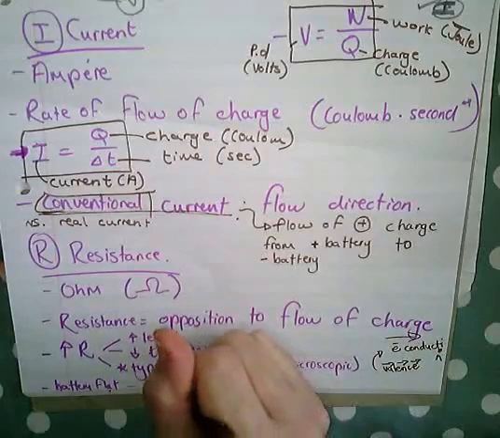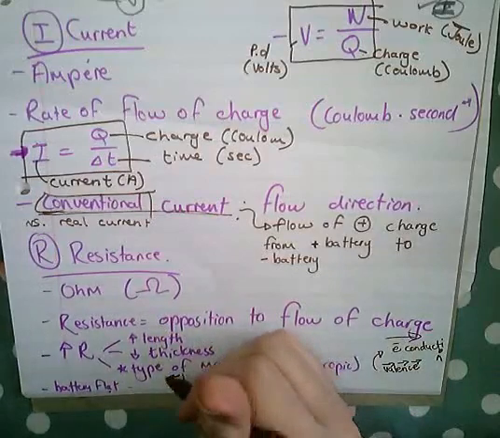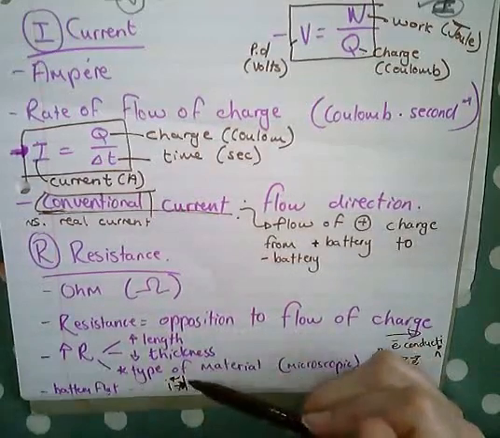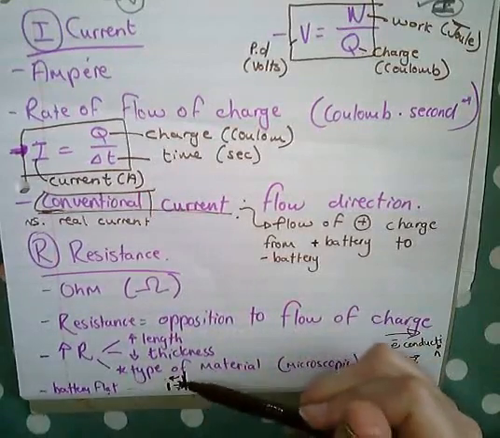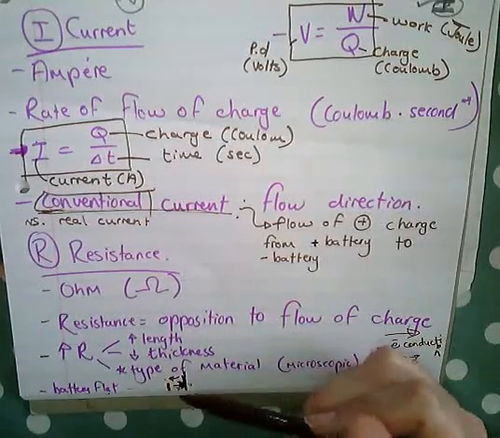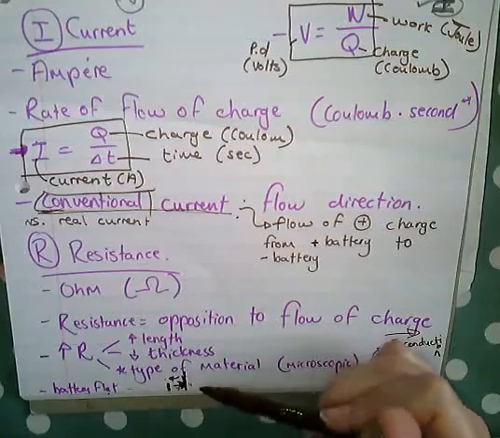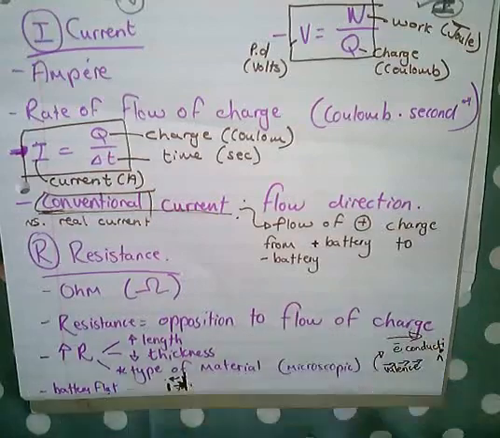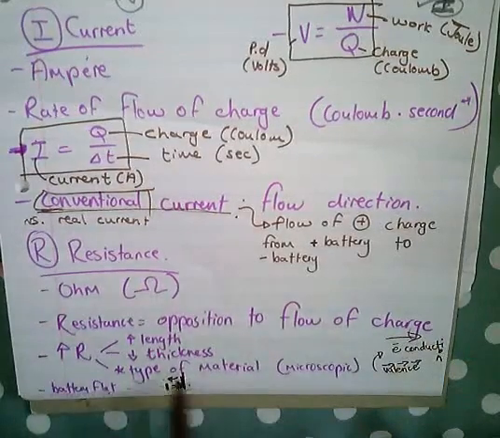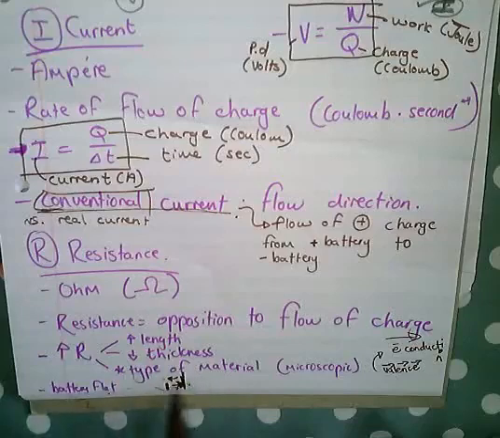And while the electrons need to move there inside the battery, there's things that it needs to move through. And as it moves through those things, those particles inside the battery oppose the flow of the charge. So that's internal resistance, and that internal resistance of the battery eventually makes it run flat.